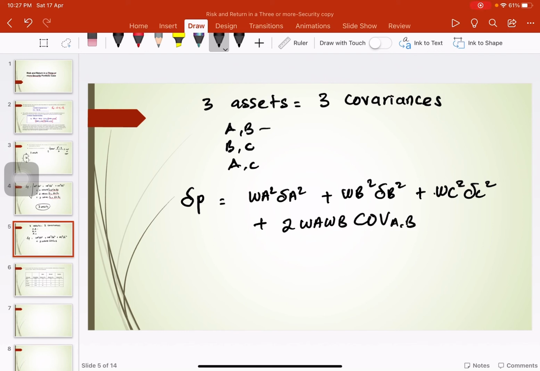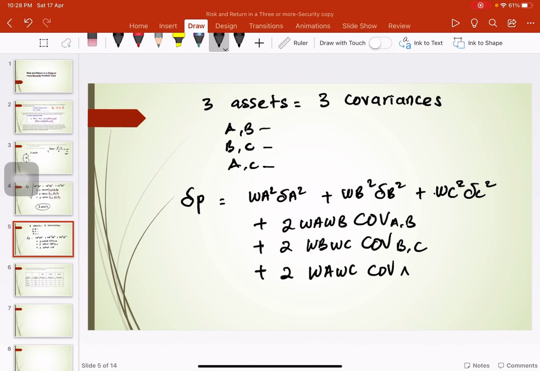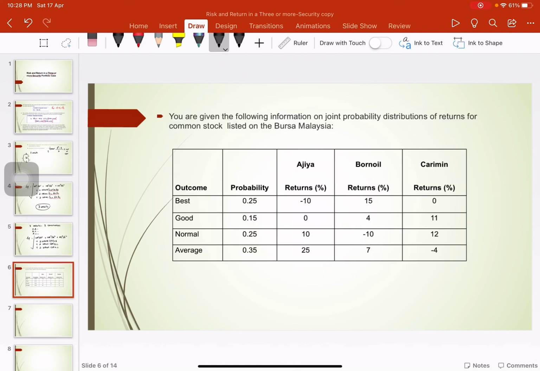Tadi kalau kita pakai correlation, kita kena darab dengan standard deviation, tapi kalau covariance, just straight away covariance. Then plus pair yang kedua, 2 weight B, weight C, covariance between B and C. And then plus the third pair, 2 weight A, weight C, covariance between asset A and C. And then square root.